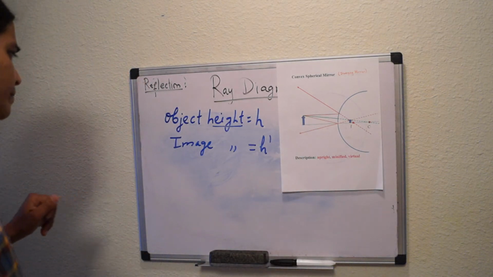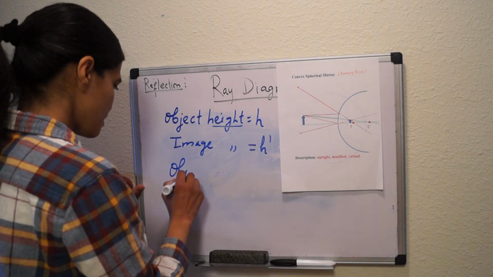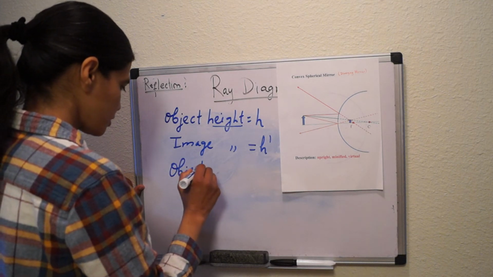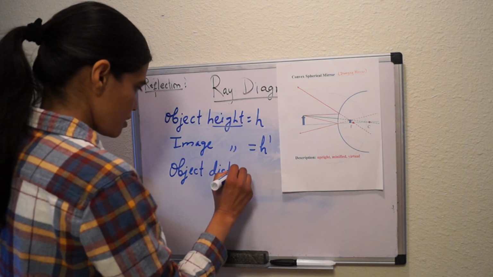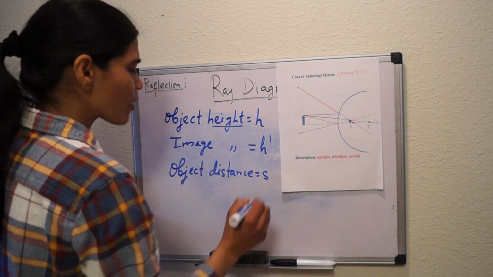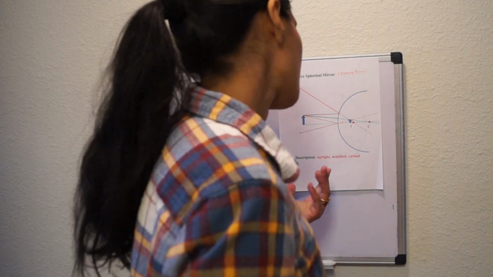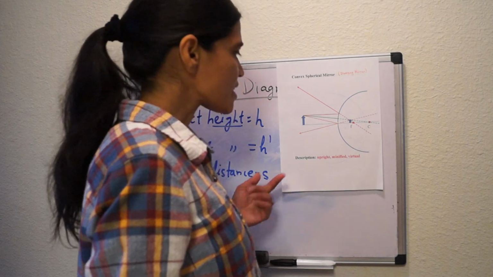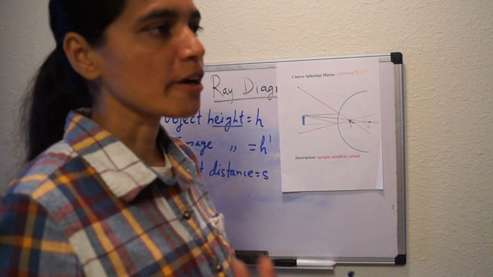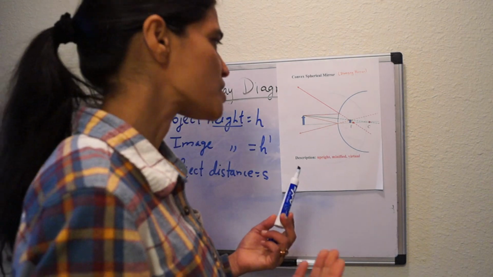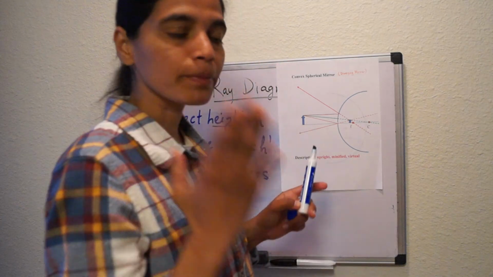Now let's call the distance the object distance, s. What is this object distance? When we talk about these distances, we measure the distance from the plane of the mirror. How do we draw a plane? You draw a tangent to the mirror, and that will be the plane of the mirror.